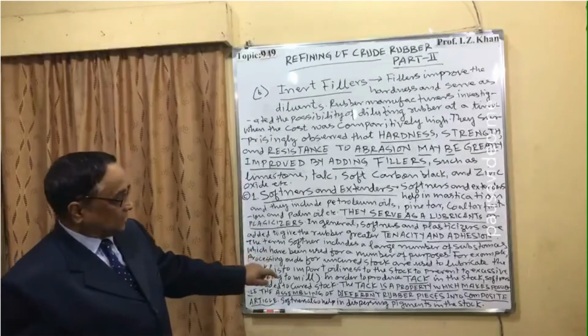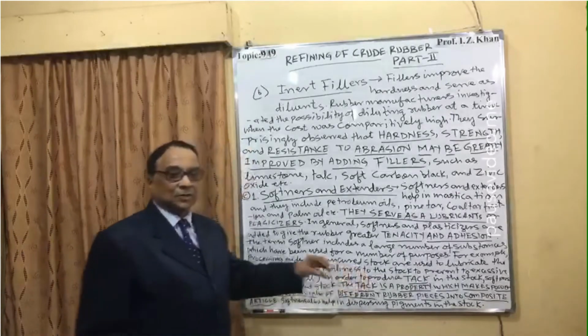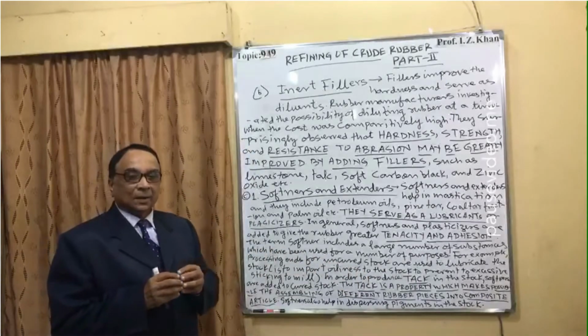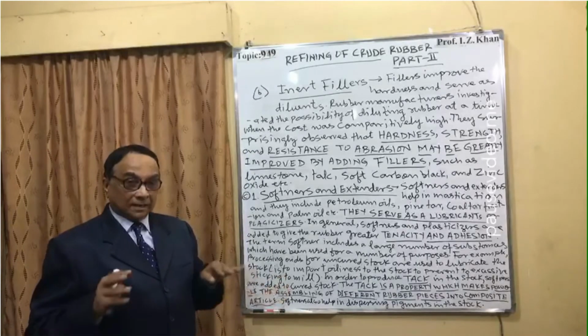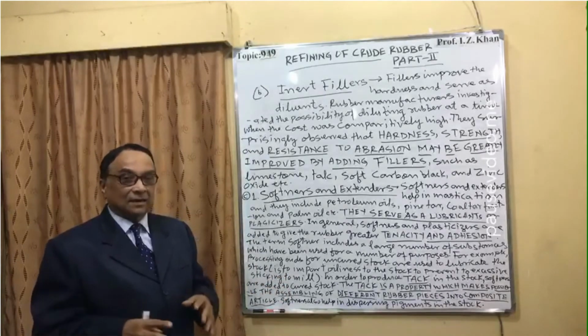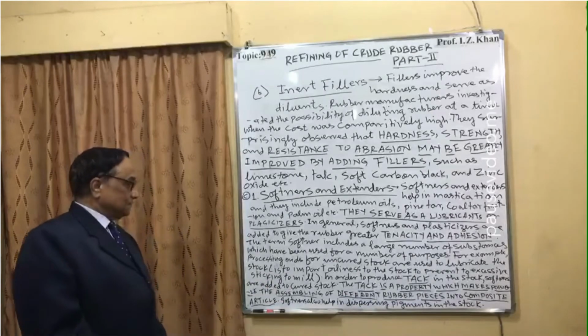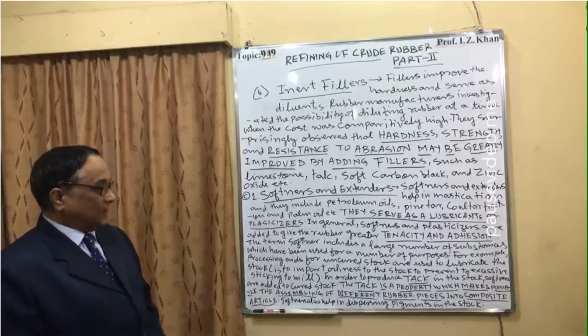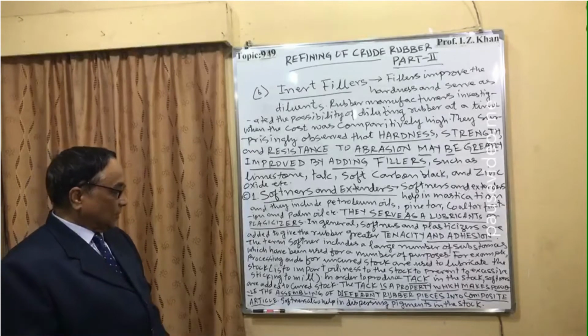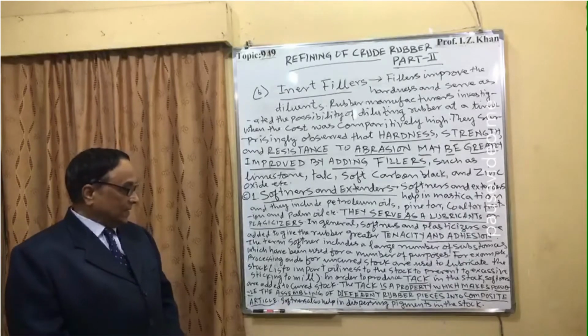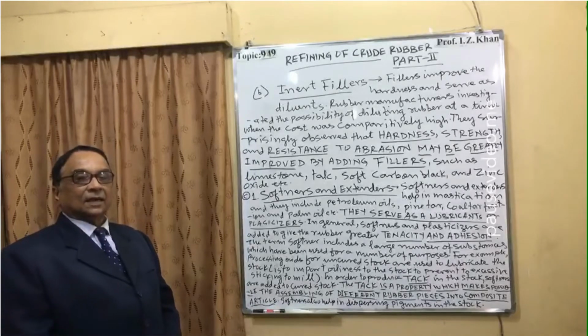Tack is the process where very small pieces of rubber combine together and make a uniform article or sheet. That is called the tack process. Softeners also help in dispersing the pigment.